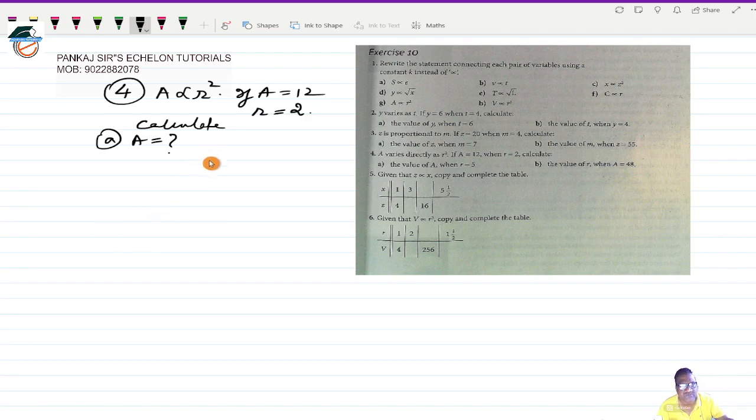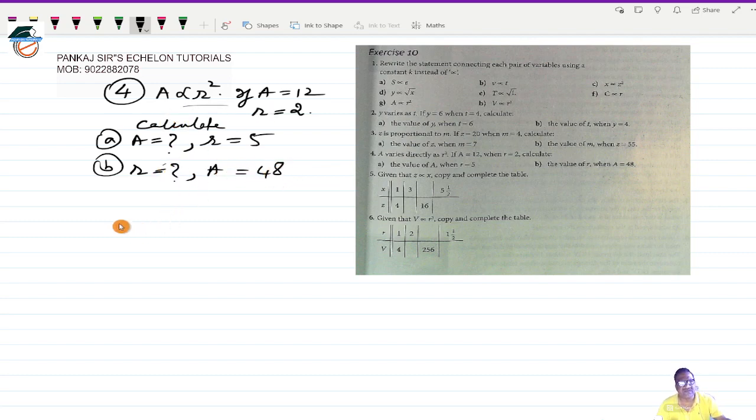A is a question mark when R is equal to 5. Okay. And B part of the question is you have to find the value of R. So R is equal to question mark when A is 48. A is 48. Okay.